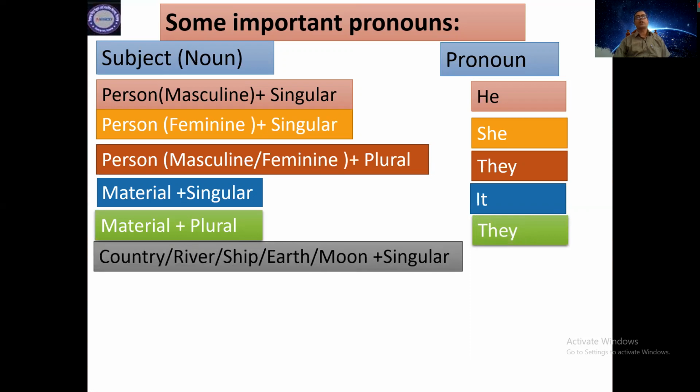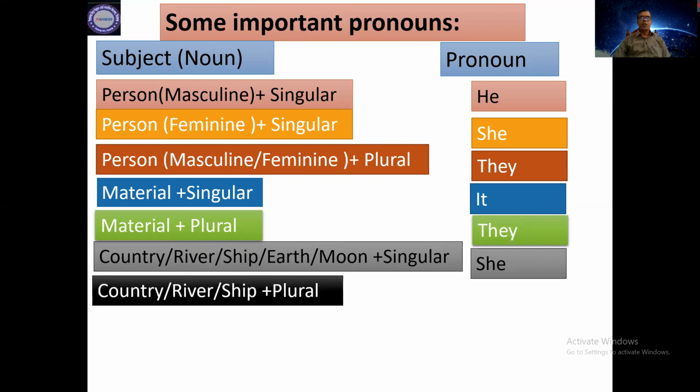Country, river, ship, earth, moon, singular: she or it; we may also use it. Country, river, ship, plural: if the number is plural, the pronoun will be they.